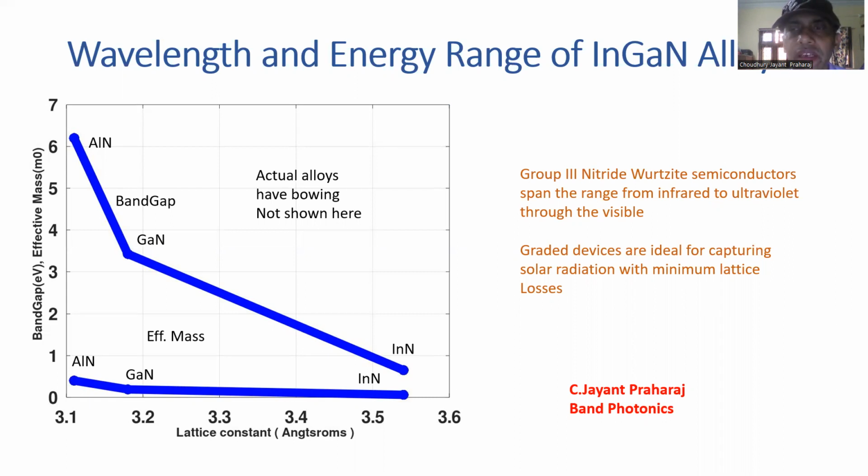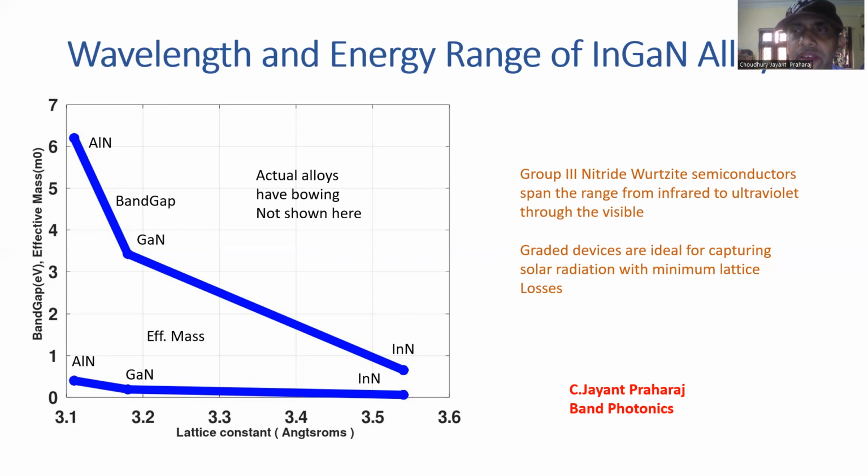And now that is consistent with the k dot p theory for effective mass in terms of the conduction band states and the valence band states, etc. So the thing to keep in mind is that in indium gallium nitride alloys, when the gallium percentage is higher, the effective mass tends to be high.